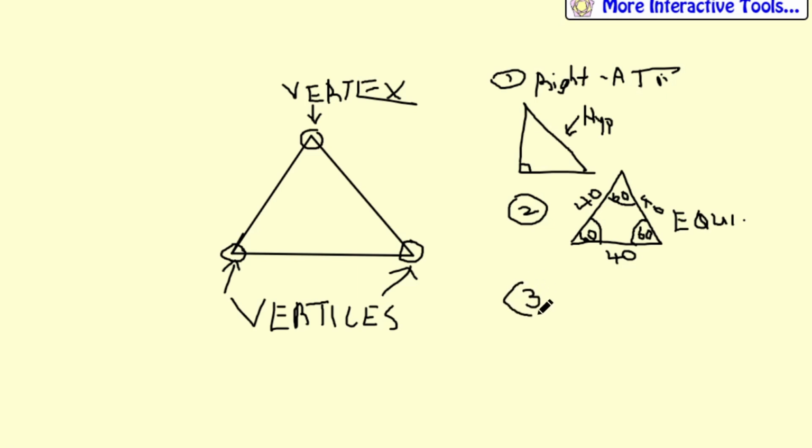We also have a triangle called an isosceles triangle. All right. Now, the isosceles triangle has two angles that are equal or two sides that are equal. So 40 here, 40 here, and then this one would be different. So let's say 20.